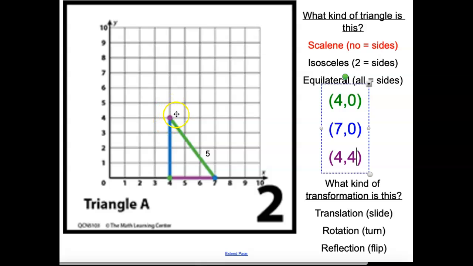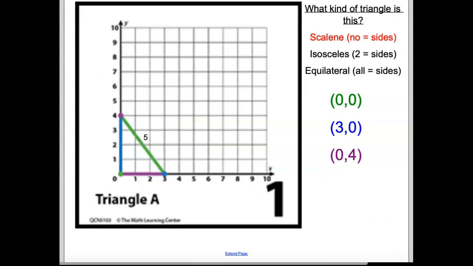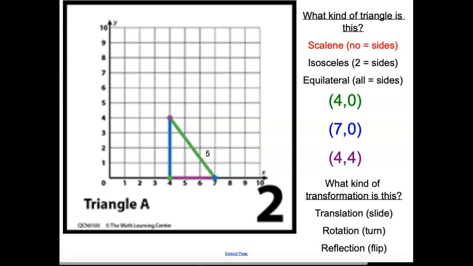So the coordinates for our purple point are 4, 4. Now, last but not least, we have to talk about a transformation that we saw from day 1 to day 2. What happened to the triangle? Is it sliding, turning, or flipping?